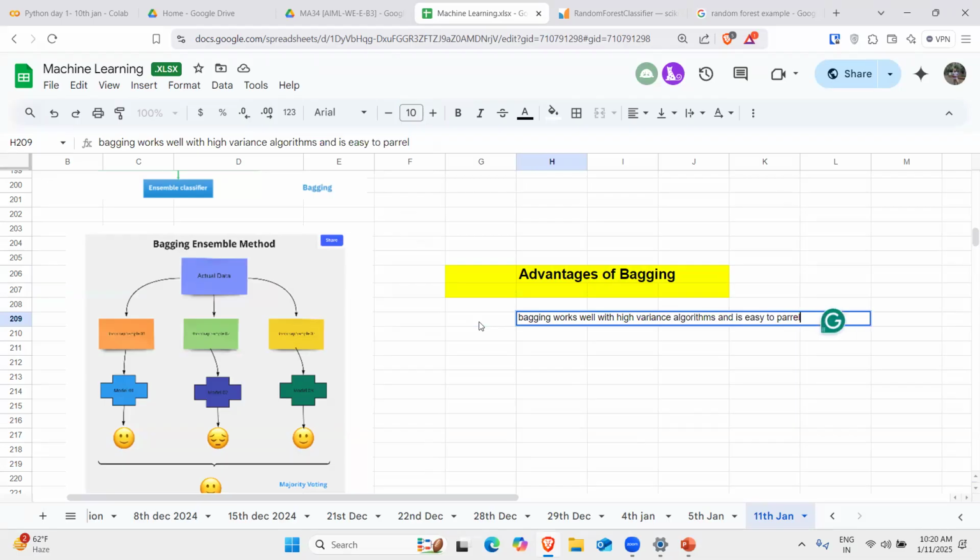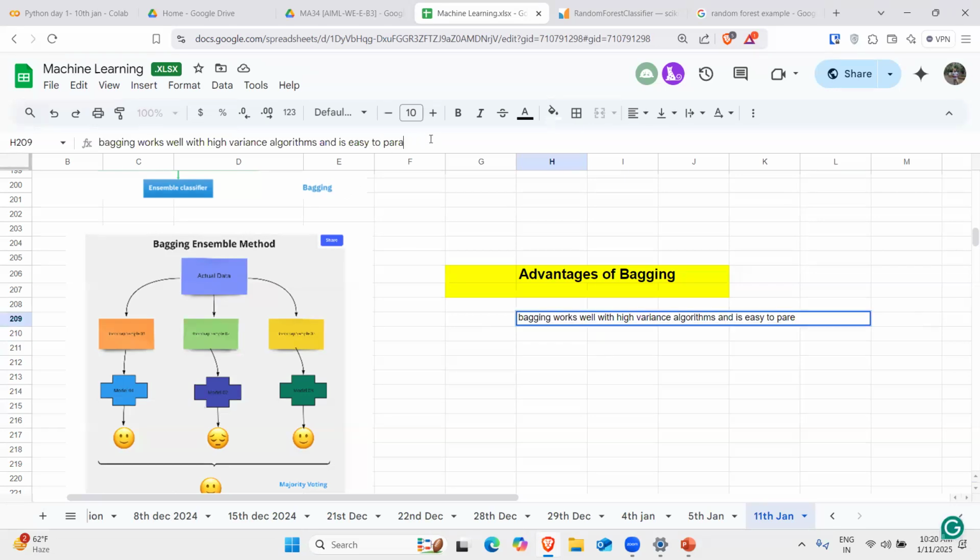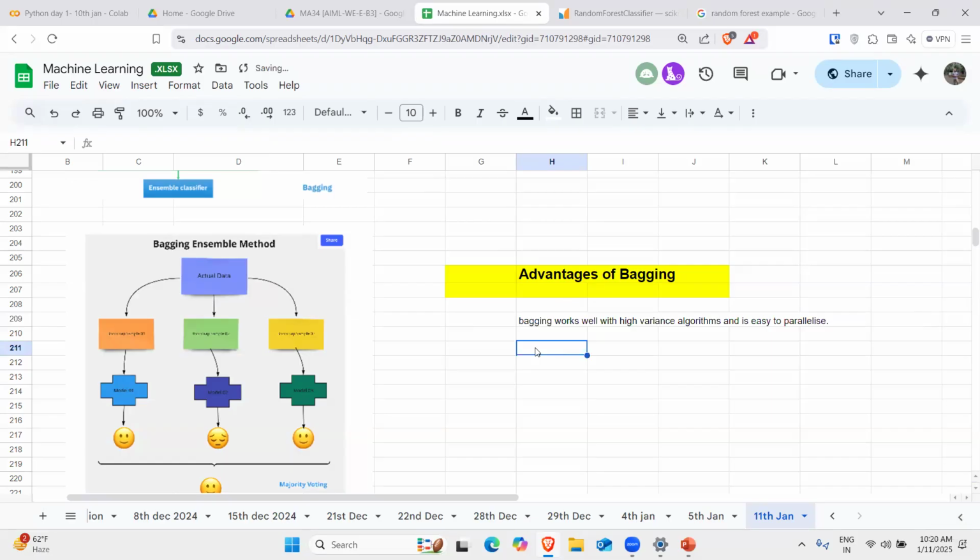We'll see this thing. We are using fancy words, nothing special over here. Parallelize, right? By high variance, we mean algorithms which change a lot with slight changes.